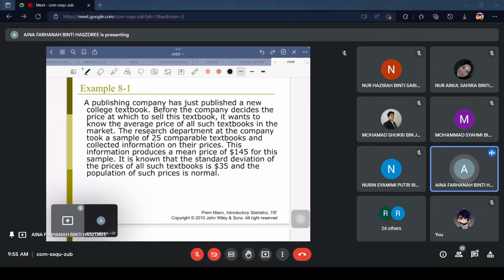The research department at the company took a sample of 25 comparable textbooks and collected information on their price. This information produced a mean price of $145 for the sample. It is known that the standard deviation of the price of all such textbooks is $35 and the population of such prices is normal.